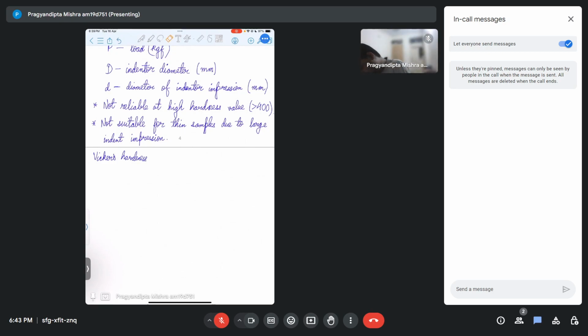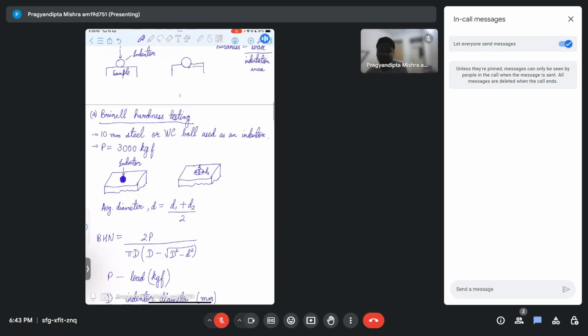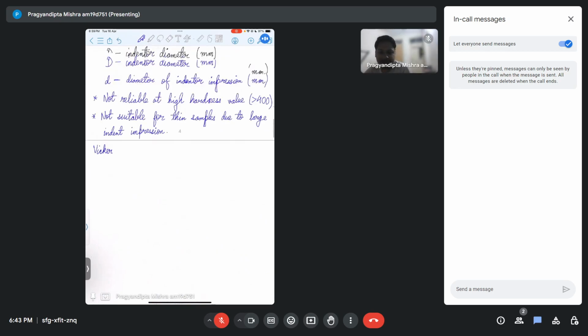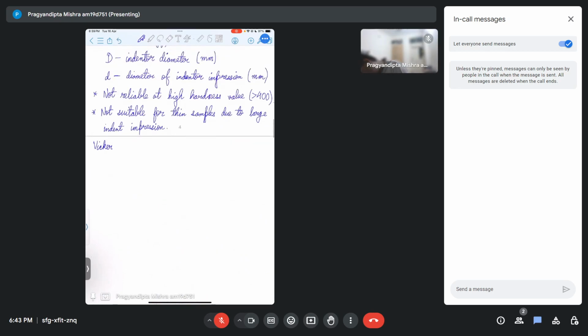So D is equal to D1 plus D2 by 2. And so final hardness value, or HV, will be equal to 1.854 P divided by D square. D is your average diagonal length in mm, and P is load in kg, just like last time.